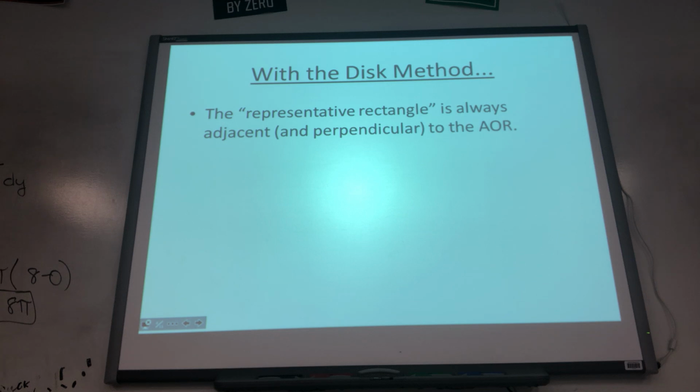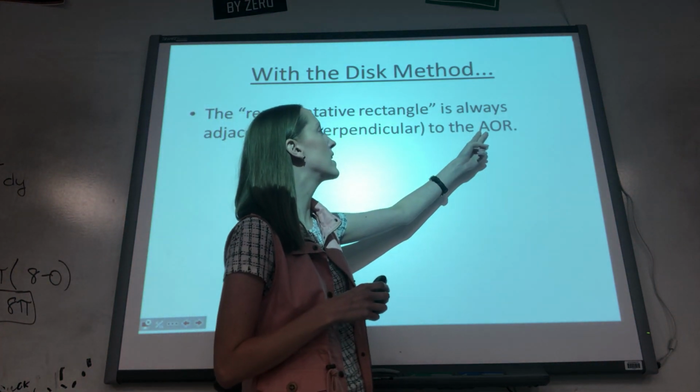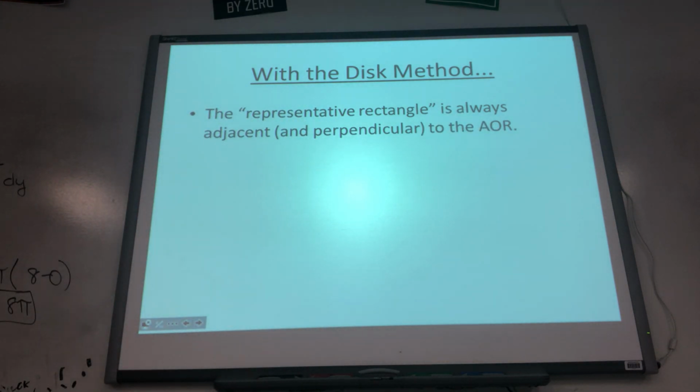I'm going to go back and talk about that rectangle a little bit more because it's going to be even more important today. The representative rectangle is always adjacent and perpendicular to the axis of revolution, AOR.